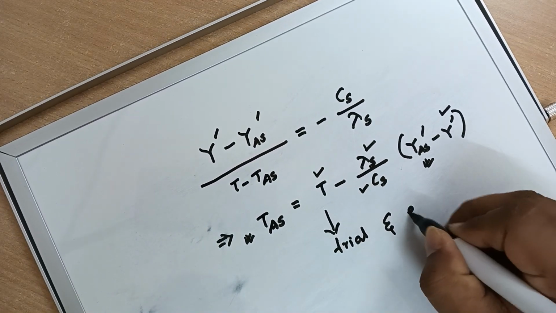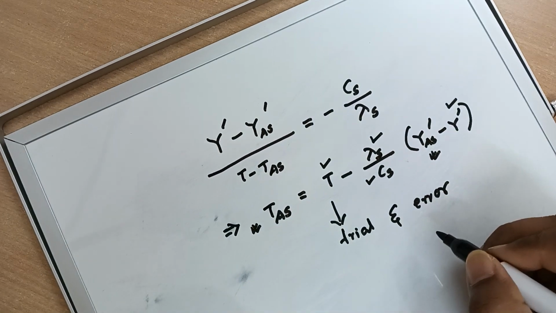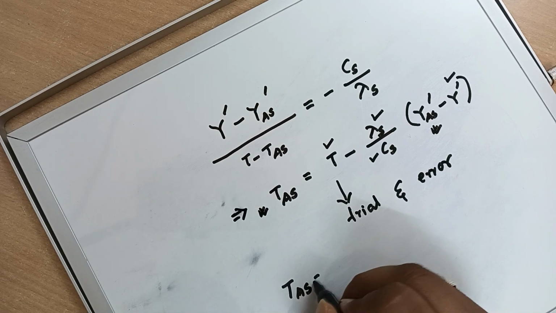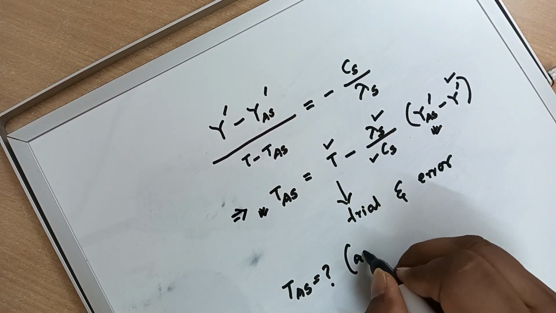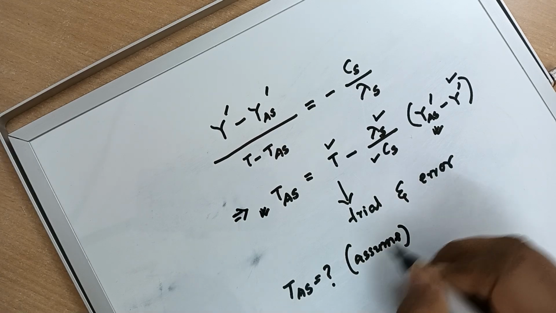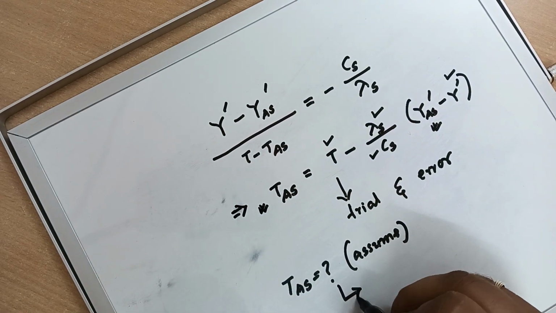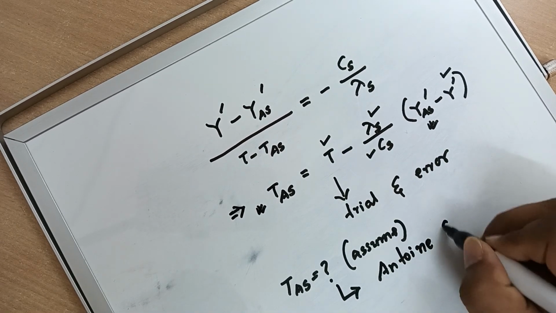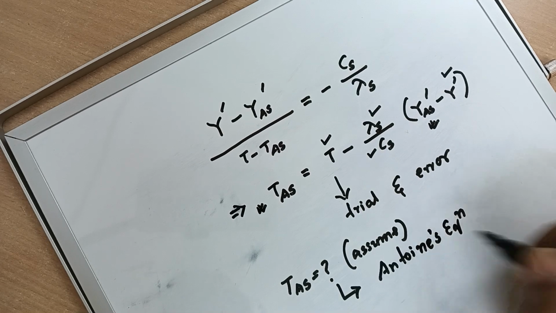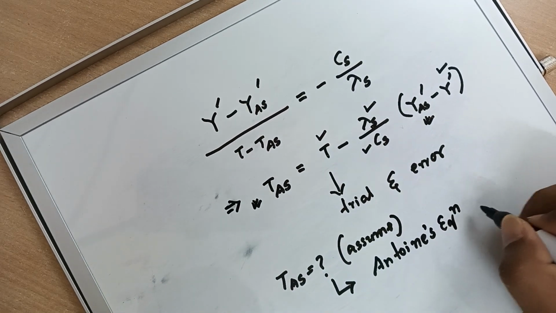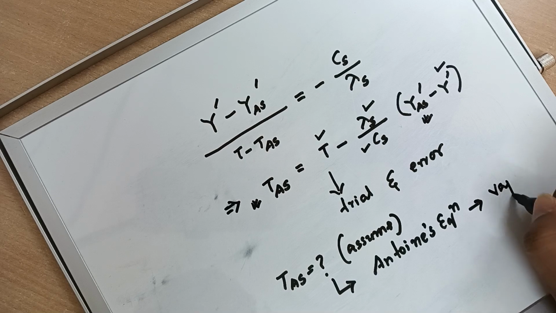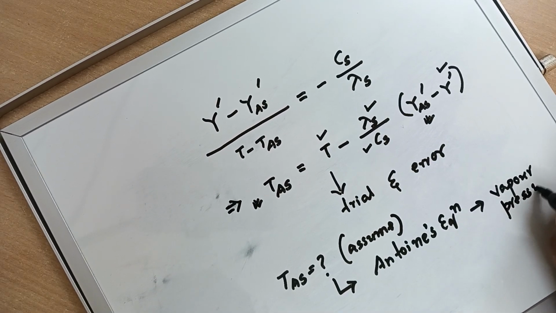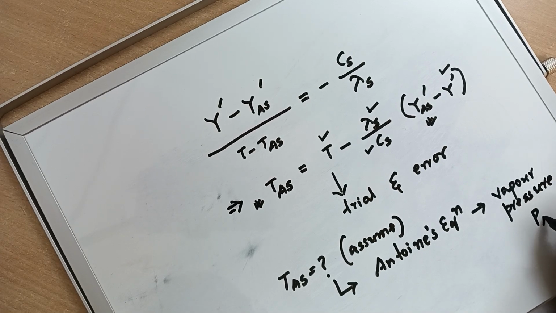So how can you solve it? First you assume any value of TAS, and corresponding to that value of TAS you use Antoine's equation to find the corresponding vapor pressure PAV.